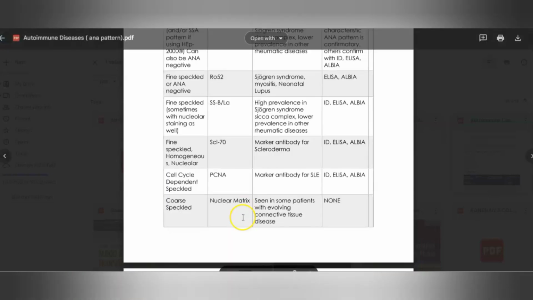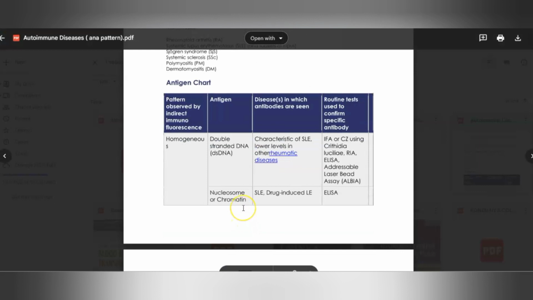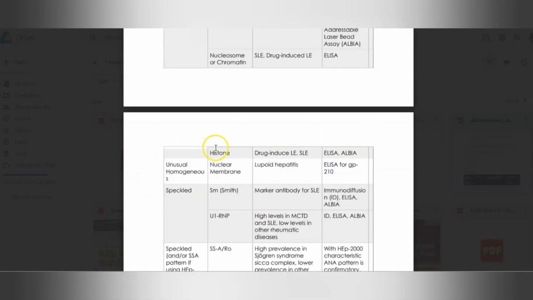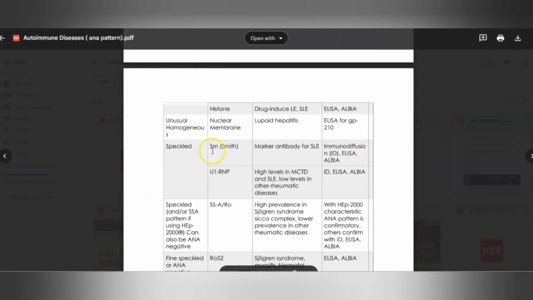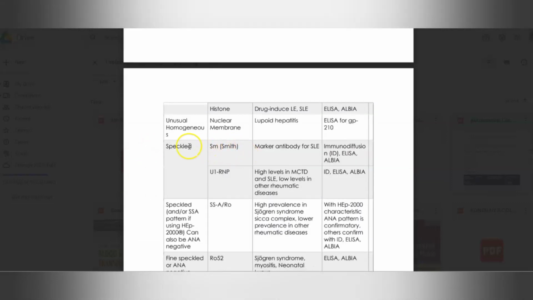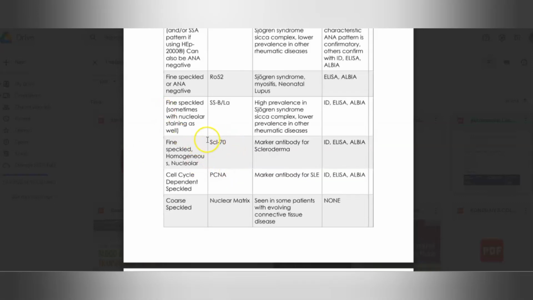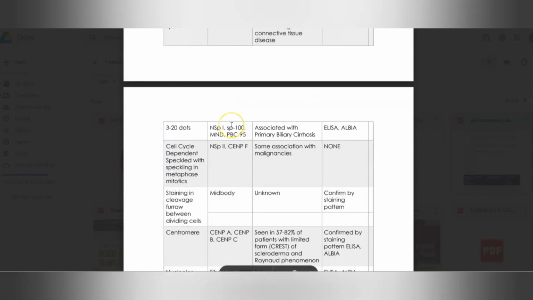When you come up here, you find that the speckled pattern is a marker of SLE, and the antigen that is found there is the Smith antigen. So such questions are examinable, and you can read this and it can explain these patterns to you.